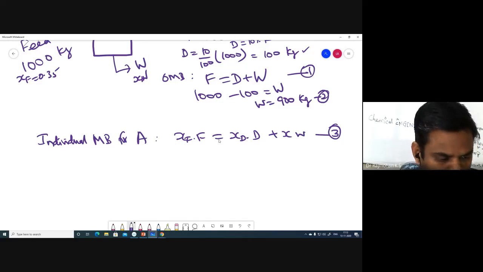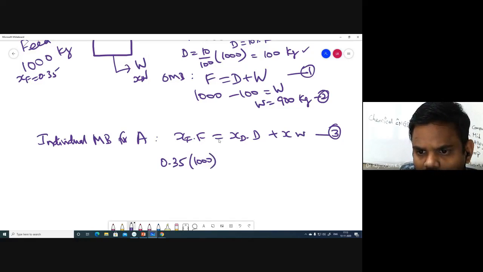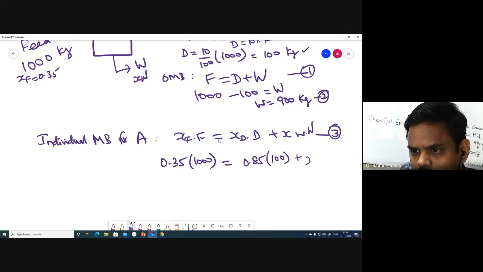XF into F, XF value is 0.35. So 0.35 into 1000 equal to XD, which is given as 0.85, into 100 plus XW, we don't know, W we got it.